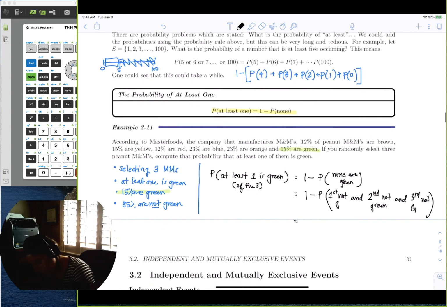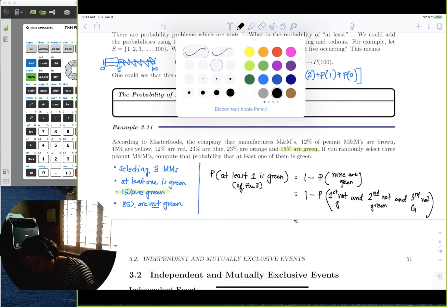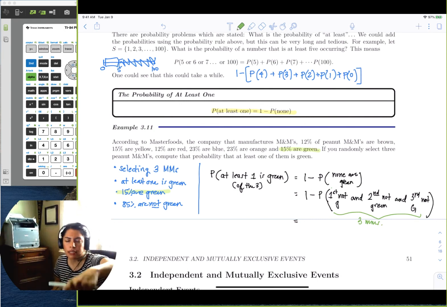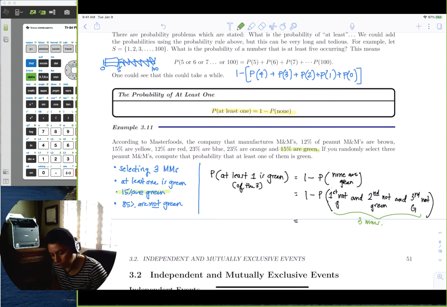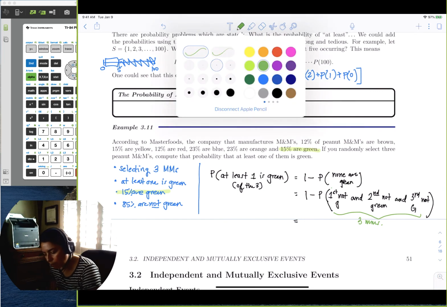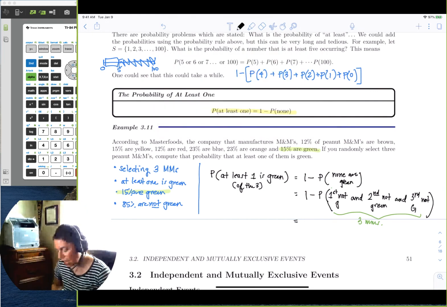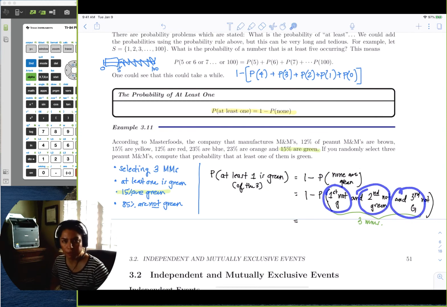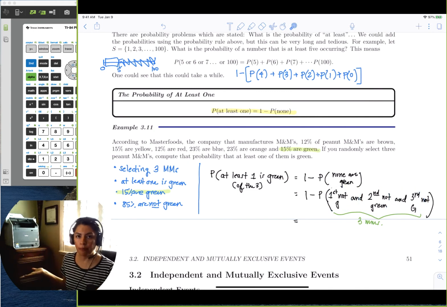So let's take a look at this really quickly. Once again, I'm selecting 3 M&Ms, and I want to see if I go in there and select one of the 3, what's the probability that they are green? That's just 1 minus the probability that they're not green. 1 minus the probability that none are green means that when I select 1, 2, and 3 of them, all of them will turn out to not be green.